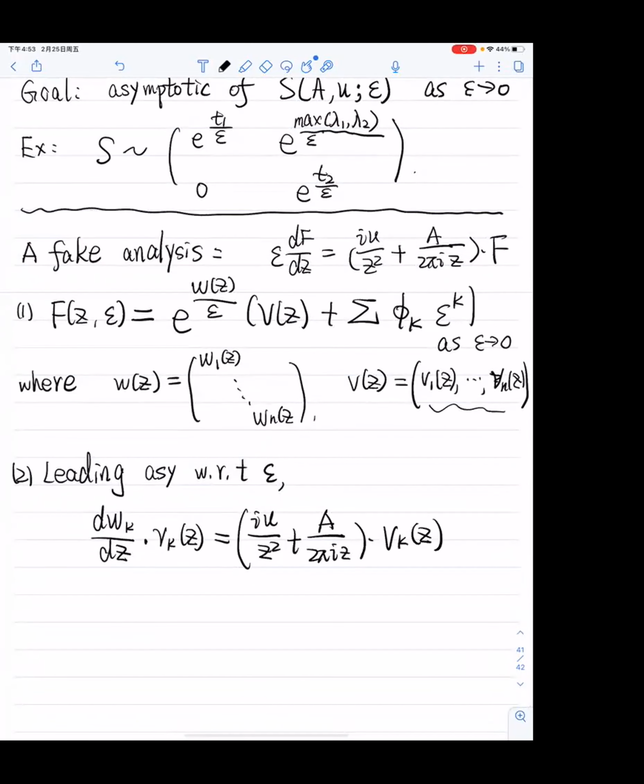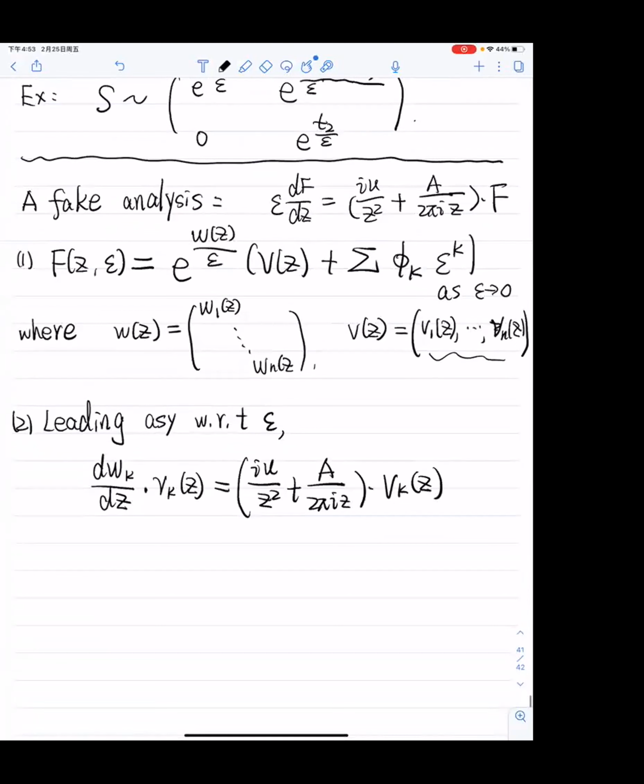In other words, the derivatives should be the eigenvalues, and in the meanwhile, the column vector should be the eigenvector for the associated eigenequation.